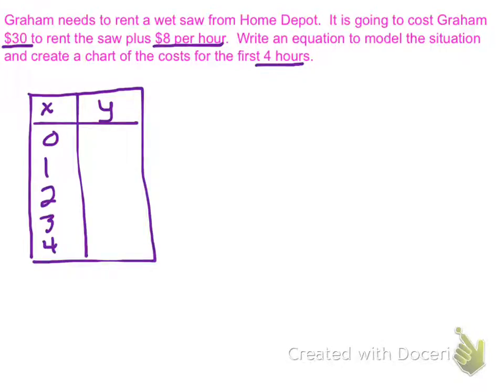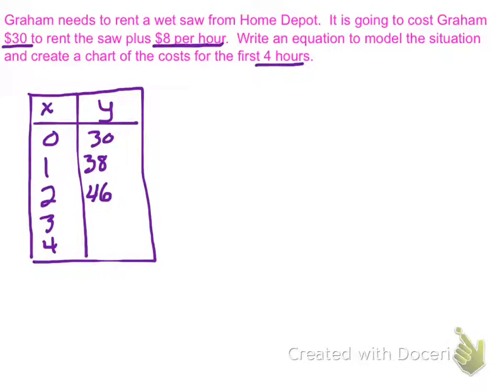So after 0 hours, it's going to cost me $30 to rent it. And then after 1 hour, it's going to cost $38 because I have the $30 plus the $8 per hour. And then the next one's going to cost me $46.